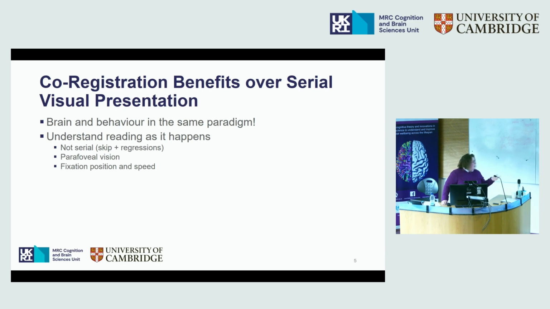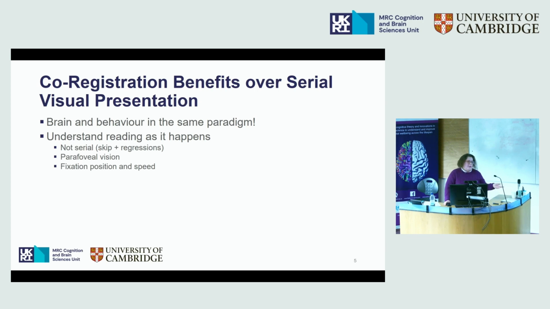And again, I'm interested in reading, so especially for reading, the traditional approach is to present words serially instead of presenting whole sentences. So we present one word at the center of the screen and then the following word, so that the participants don't have to move their eyes but can always look at the center of the screen and passively read.